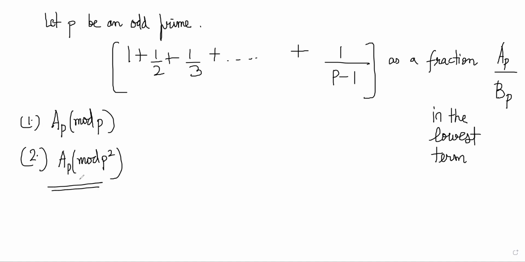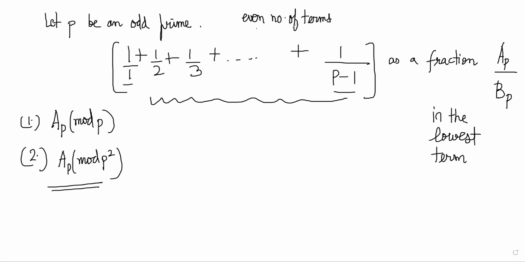Okay, so think about this structure here. First of all, you can realize that the number of terms here is even. Why is the number of terms even? Because P is an odd prime, and this goes from 1 to P minus 1. So there are an even number of terms here, right?